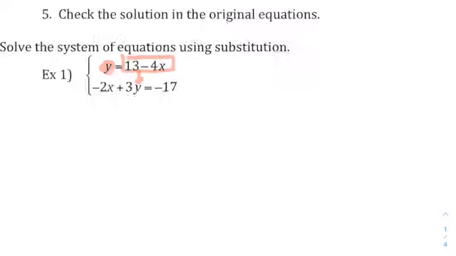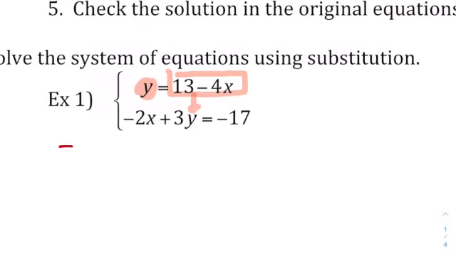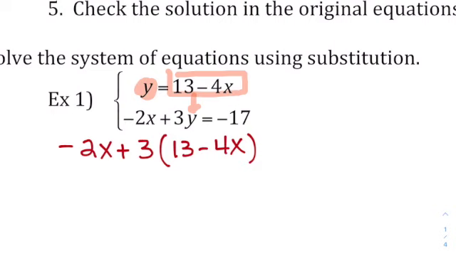So it's going to be negative 2x plus 3 times y, and y in this case is 13 minus 4x, equals negative 17. That is negative 2x plus 3, parenthesis 13 minus 4x, parenthesis, equals negative 17.